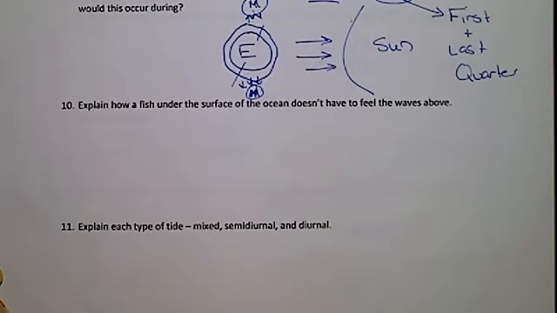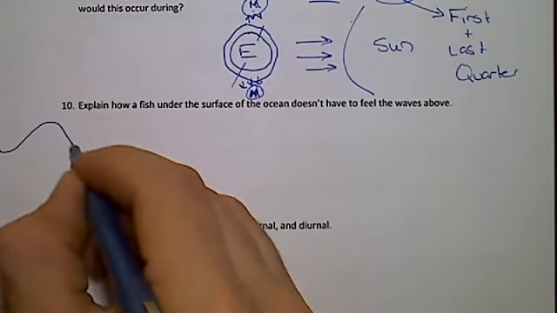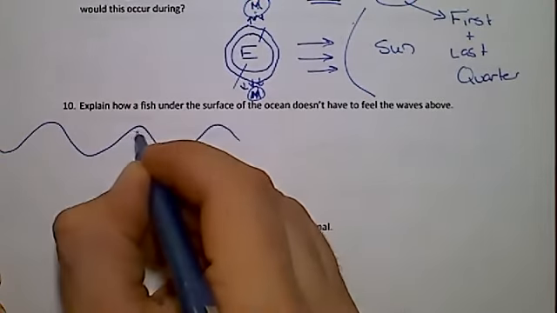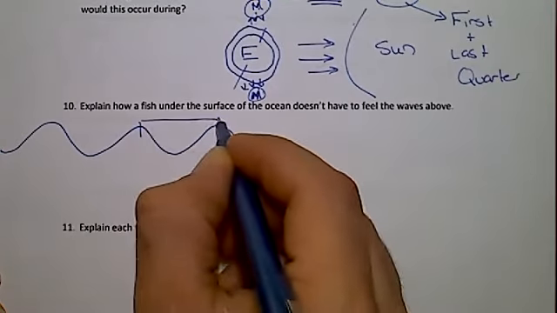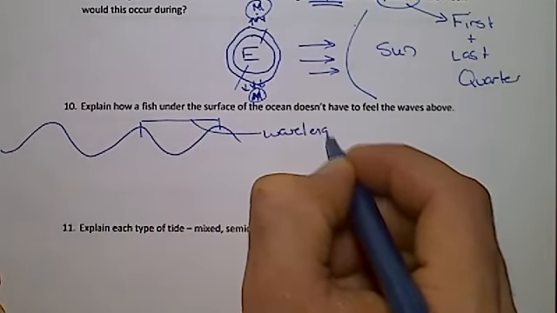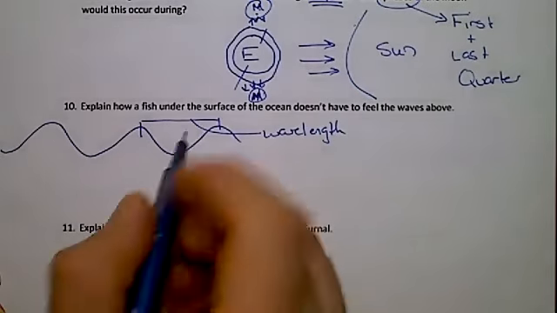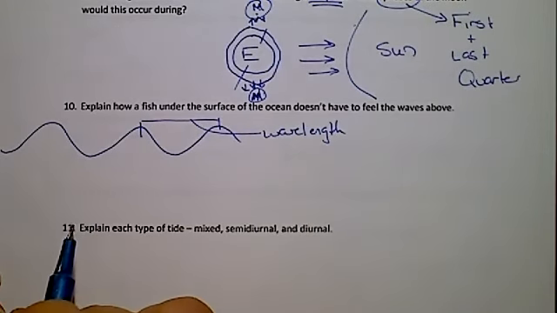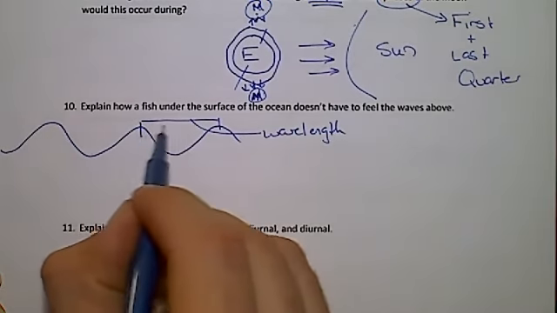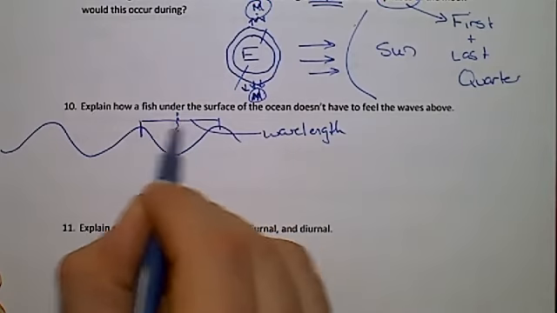We said that when the wavelength, and remember the wavelength is measured from one peak to the next. That is the wavelength of a wave. Well, when the water is deeper than half of the wavelength, we do not feel anything. So here is half of the wavelength right here because it's half the distance.